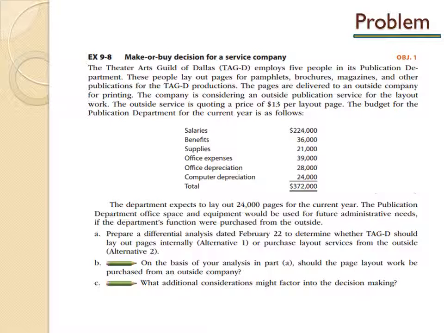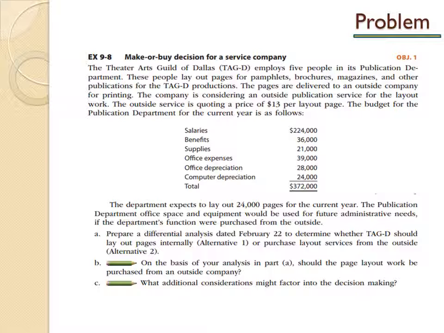So, we have salaries, $224,000, benefits, $36,000, supplies, $21,000, office expenses, $39,000, office depreciation, $28,000, computer depreciation, $24,000, with a total budget of $372,000. The department expects to lay out 24,000 pages for the current year. The publication department office space and equipment would be used for future administrative needs if the department's function were purchased from the outside.